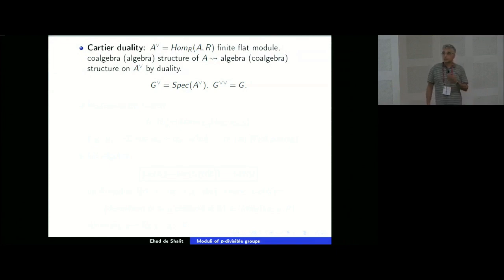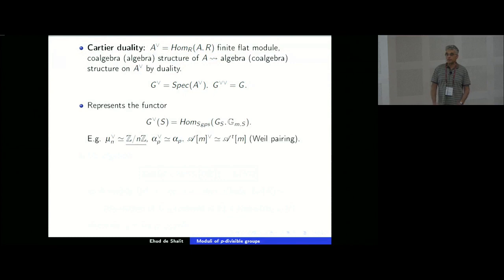And the way that this works is that if you take the R-dual as a module, you can use the algebra structure on A to define a co-algebra structure on the dual and vice versa, and thereby to get a new Hopf algebra that leads to a new finite flat group scheme, because this is, of course, also finite and locally free. And you may ask what functor it represents.